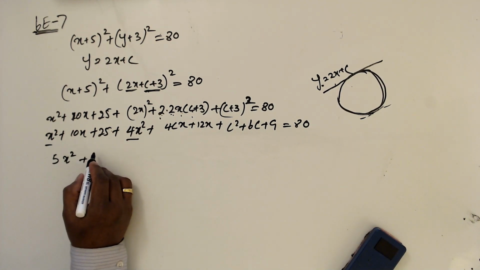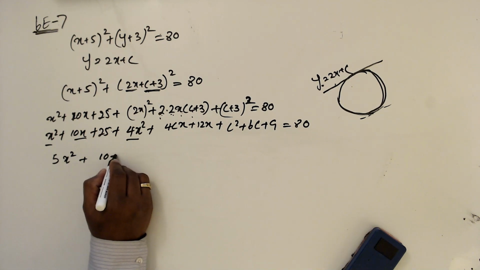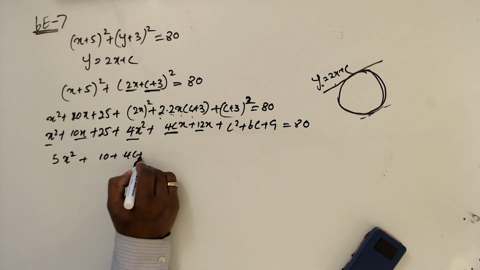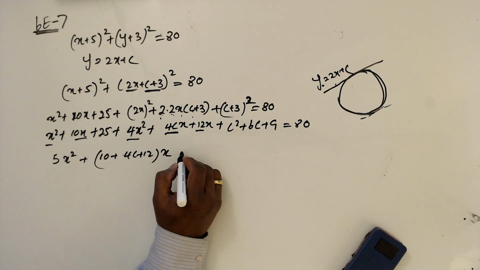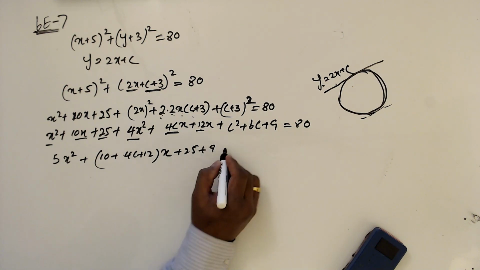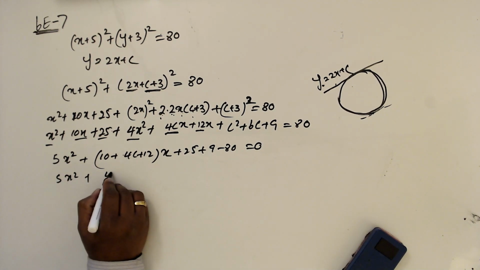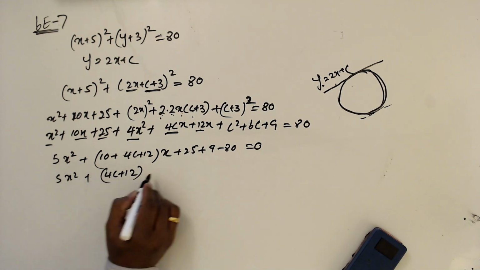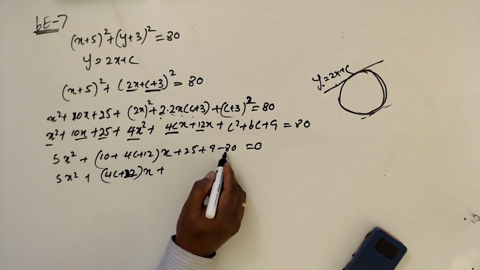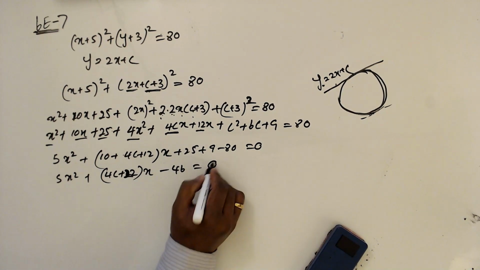I take all the x terms together: 10 plus 4c plus 12 times x, then plus 25 plus 9 minus 80 equals 0. So 5x square plus 4c plus 22 x, plus 34 minus 80 equals 0.